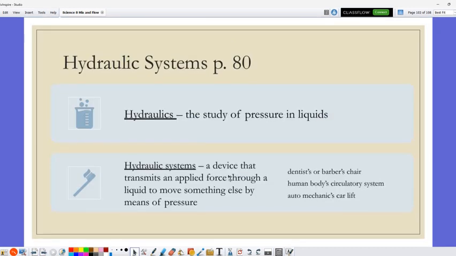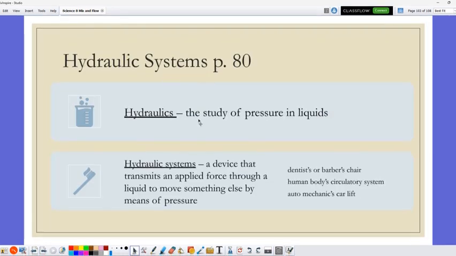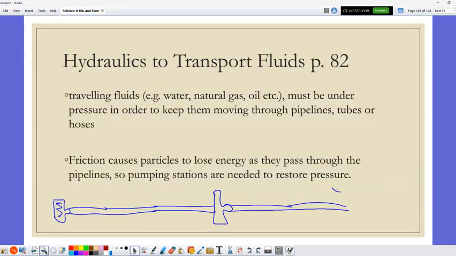Hydraulic systems are what we're looking at, the study of pressure in liquids. A hydraulic system is a device that transmits an applied force through a liquid to move something else by means of pressure. Examples include the dentist chair, the human circulatory system, and the jack or mechanical lift, all of which use liquids to move and amplify forces.